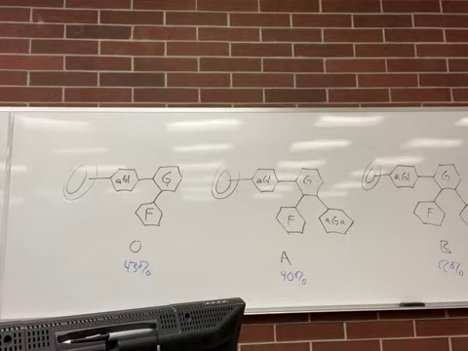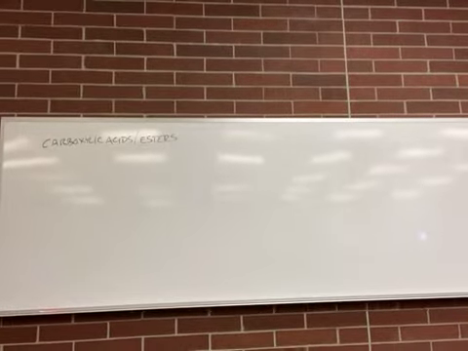We're going to talk about carboxylic acids and esters. Carboxylic acids and esters are 2 really cool functional groups. Carboxylic acids are all through medicine. All through medicine. We'll get into the cool part of this.